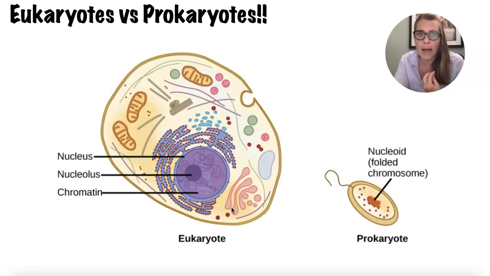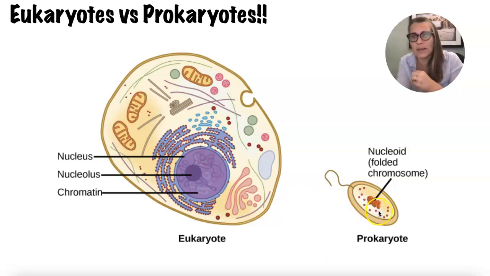So as a reminder, and please go back if you don't remember this, eukaryotes are way more complex. Usually they're bigger. Many eukaryotes, like humans, are multicellular organisms. We have this nucleus inside the cell, and our DNA is there protected in the nucleus, right?